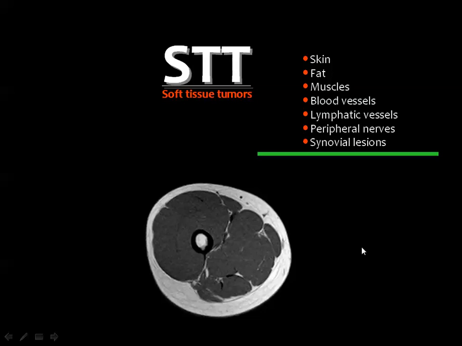As a general rule, the initial evaluation is usually carried out by X-rays and ultrasound. Although many of you will feel that X-rays are of limited value, actually X-rays have an important role in the evaluation. If by X-ray and ultrasound we succeed in deciding that this is a benign lesion, then no further evaluation is needed.